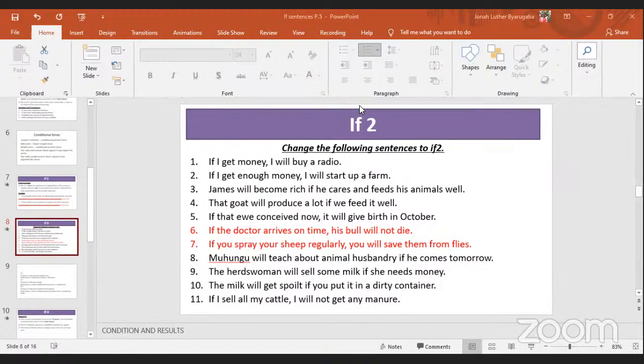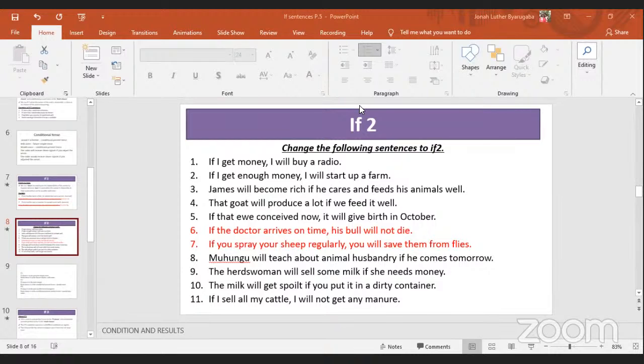Okay, so Sharon, number 1. If I got money, I would buy a radio. Say that again. I didn't hear that. If I got money, I would buy a radio. Very good. Shamad? If I got enough money, I would start up a farm.